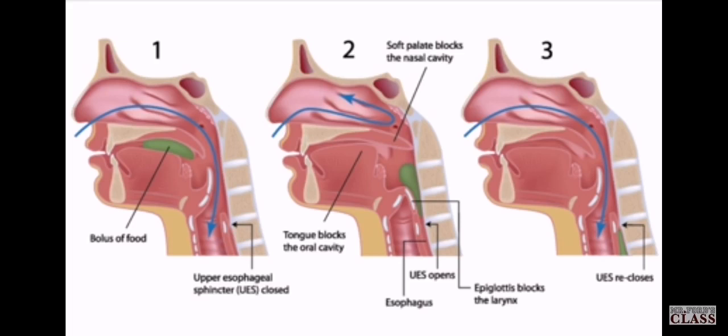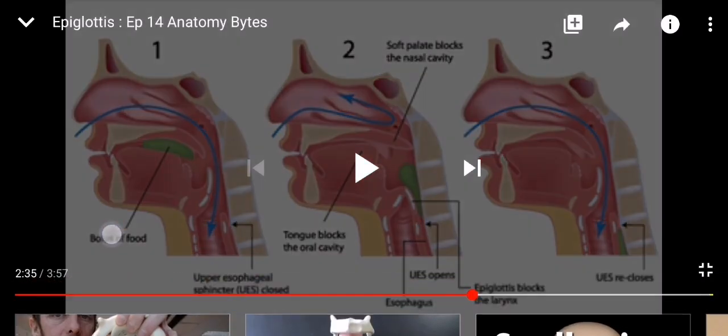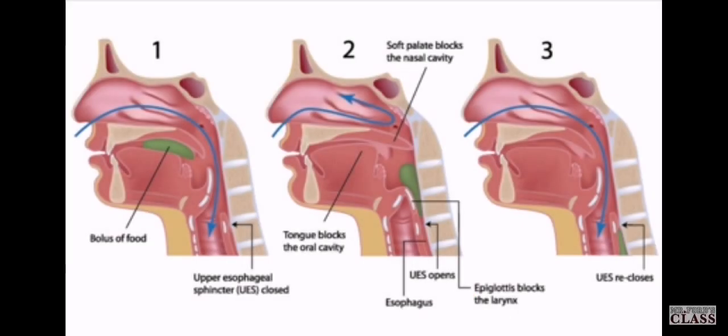That means at the throat there are two openings, the food pipe and the windpipe. The windpipe is shielded by the epiglottis. So what happens if the windpipe is left open? The food that we are swallowing, there is a chance that it will go to the windpipe.